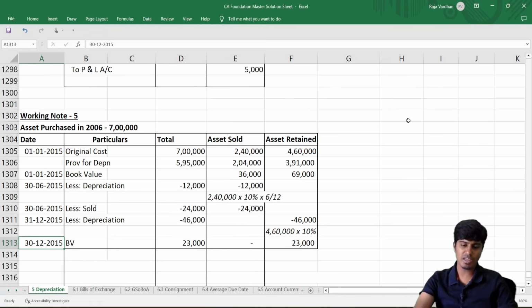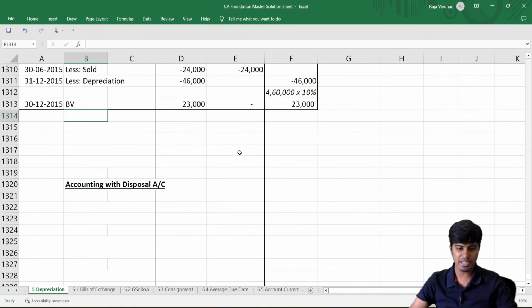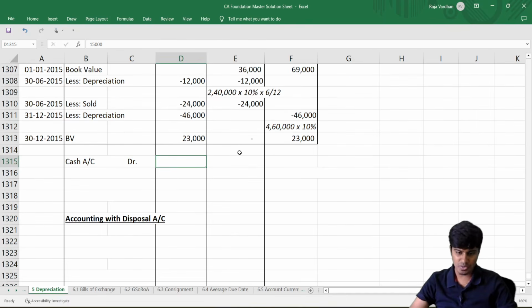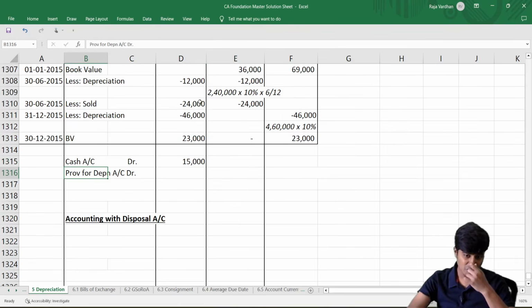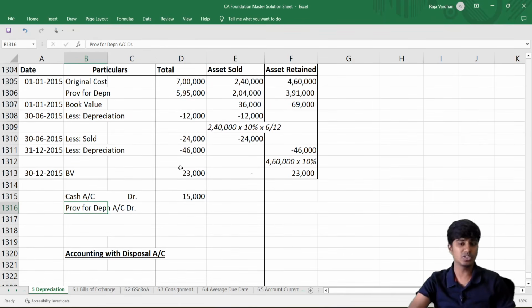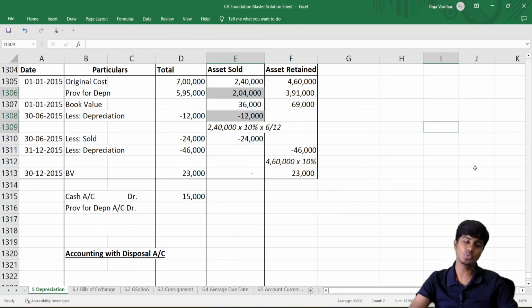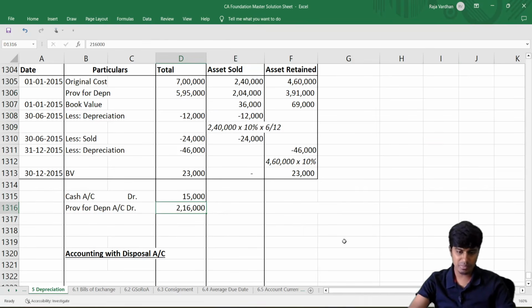Now, for the sale of the asset, we need to write the journal entry. Let me write the same. First, cash account debit. How much is the consideration received? 15,000. Provision for depreciation debit. What is the value of the provision that is decreasing against this asset sold? Previously, it was there at 2 lakh 4. Current year, we provided further depreciation of 12,000. Can I say totally 2 lakh 16,000 is the provision for depreciation that we're writing off?